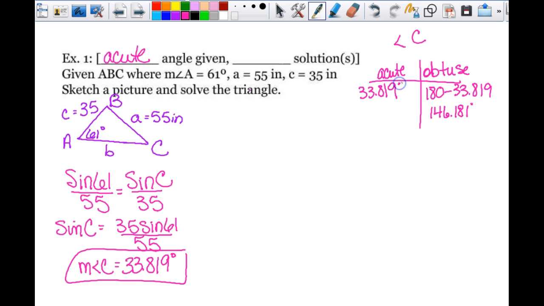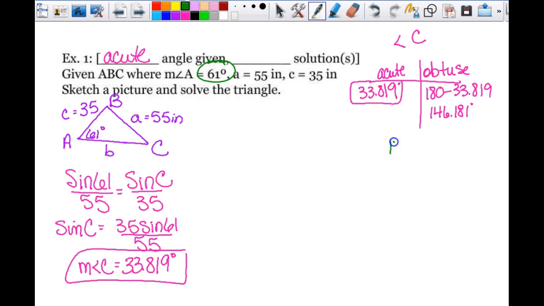But am I always going to have two answers? No. So this is for sure one of them. That is definitely my angle C. This is only my angle if it would actually work in my triangle. So I know two things right now. I know that this is a possibility, and I know for sure that this is one of my angles, right?